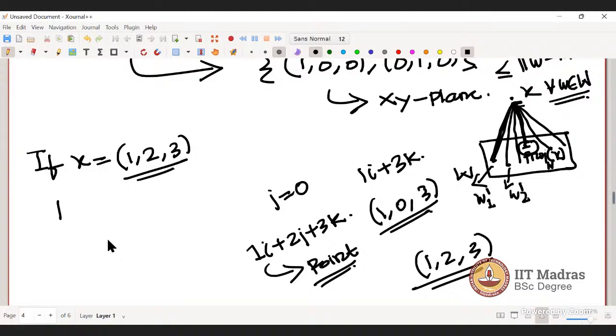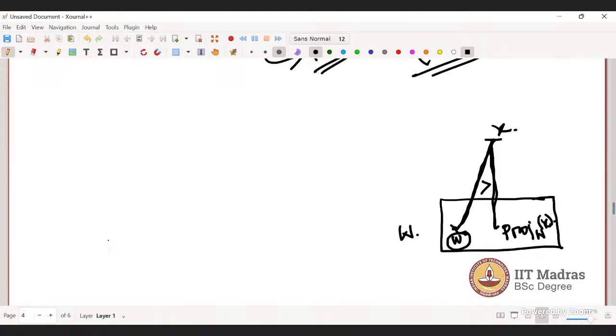Sorry, I missed your question. There can be many norms that can be defined on V. Will all norms satisfy the condition that the inner product of a vector with itself is equal to the square of its norm?